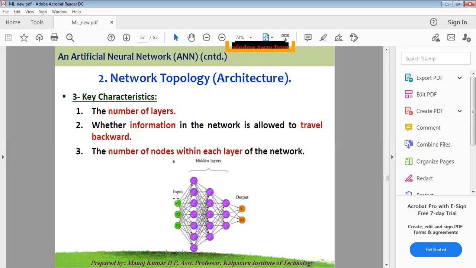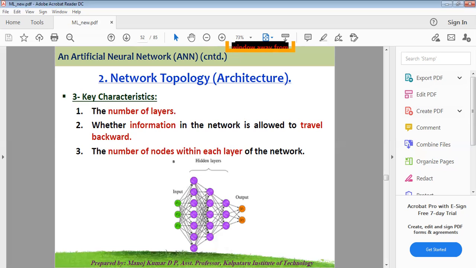For example, I expect a dog, but the network predicts animal. Animal and dog are different answers. At that time, you back propagate. That is the main concept: when expected and predicted outputs are different, you go with back propagation.